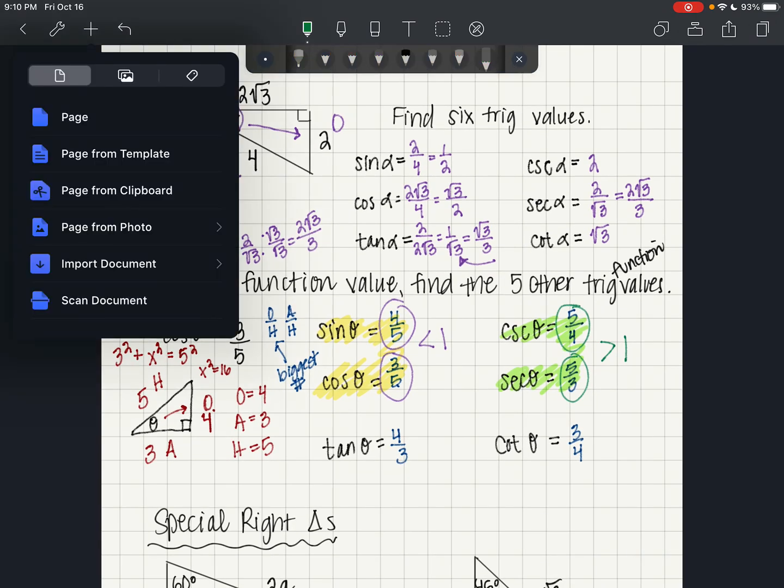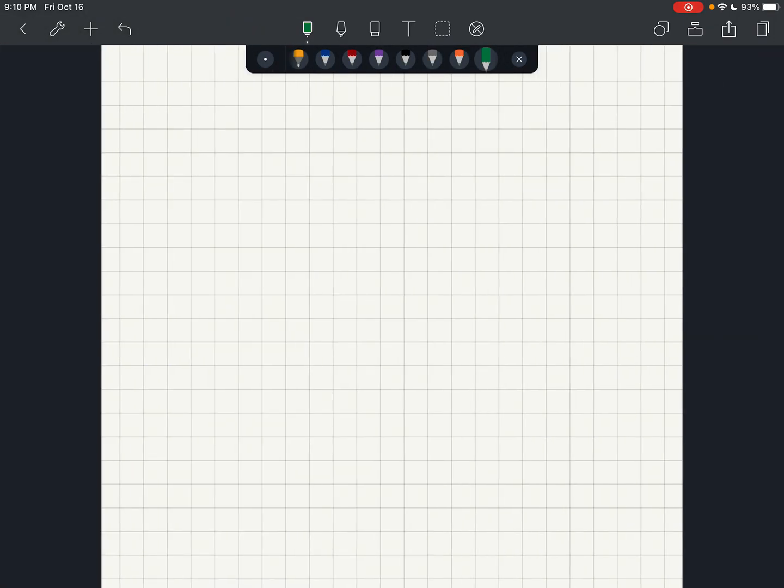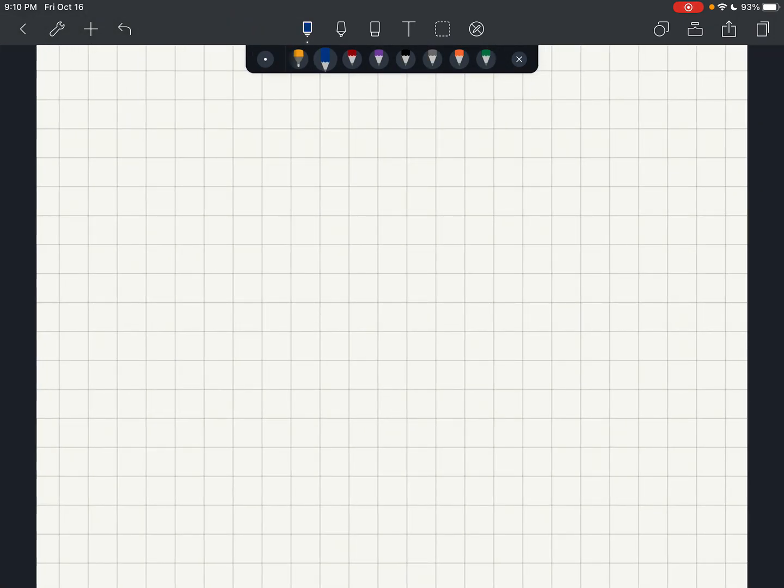Now, one more thing before we go to the next video. Let's talk about Pythagorean triples. Pythagorean triples are a good fact to know so that you're not having to use the Pythagorean theorem.